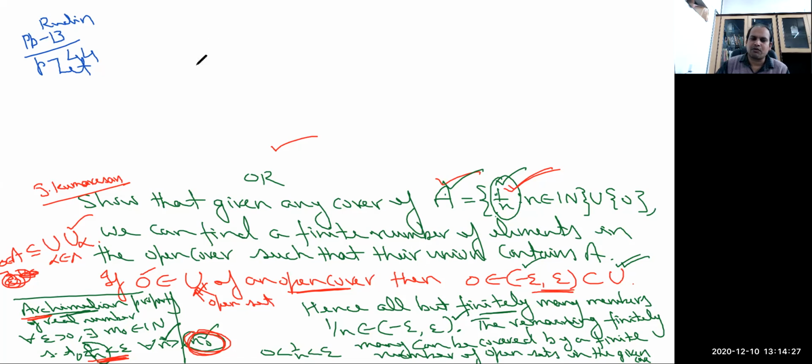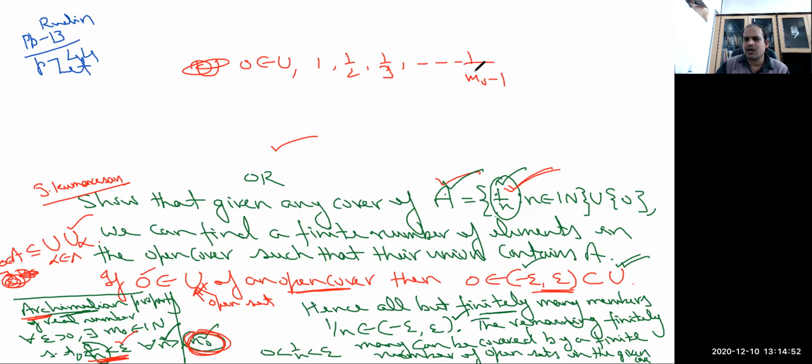So U is one of the sets, and 0 belongs to U here, and the members left are 1 by 1, 1 by 2, 1 by 3, up to 1 by m naught minus 1, because starting from this m naught, every member is going to satisfy this condition.